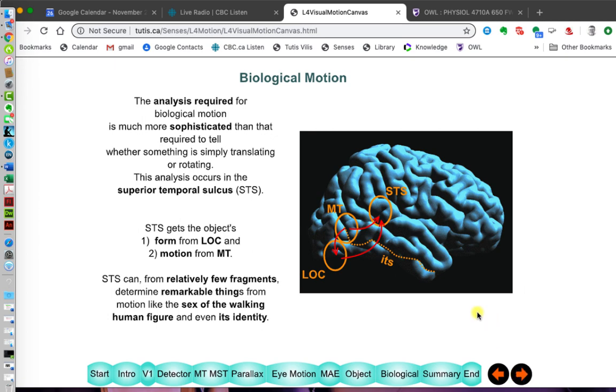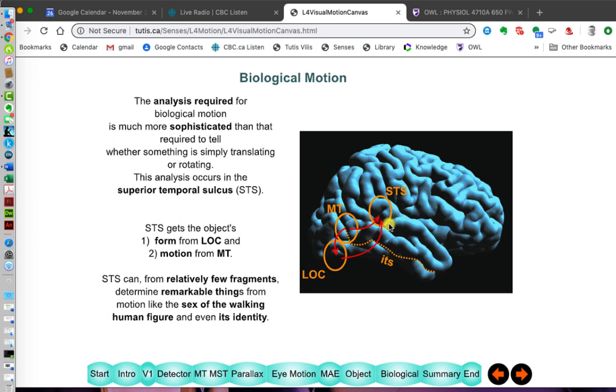And the analysis of this occurs in a structure called the superior temporal sulcus. So we covered the inferior, there's a medial, and there's a superior temporal sulcus.